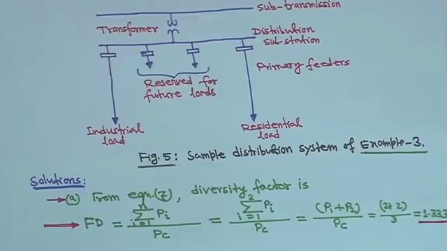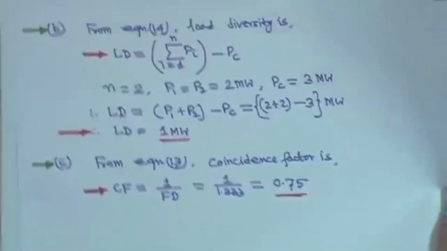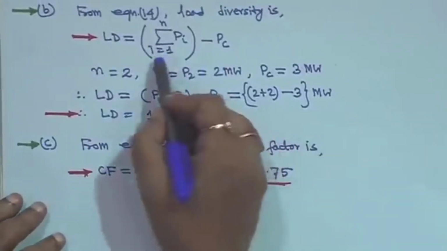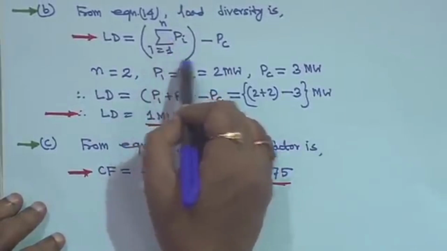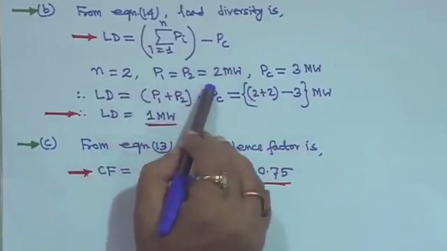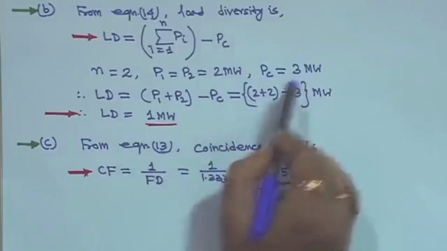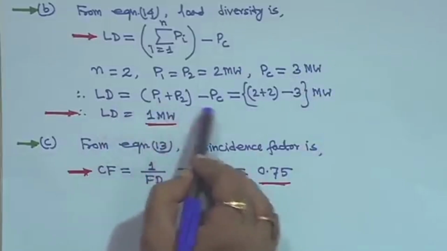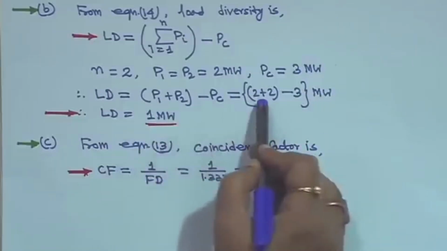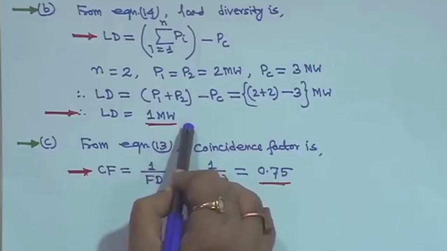Now, from equation 14, the load diversity LD is equal to sigma i equal to 1 to n Pi minus Pc, n is equal to 2, P1 is equal to P2 is equal to 2 megawatt and Pc is equal to 3 megawatt. Therefore, load diversity is P1 plus P2 minus Pc, that is 2 plus 2 minus 3 megawatt, so the load diversity is 1 megawatt.